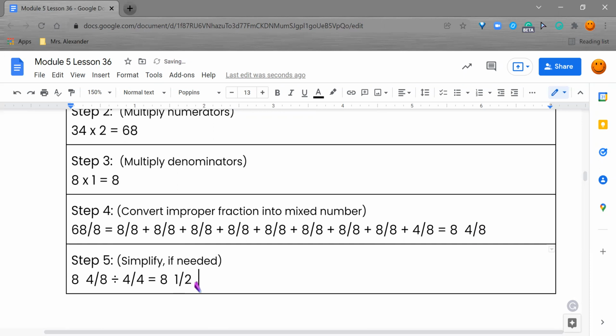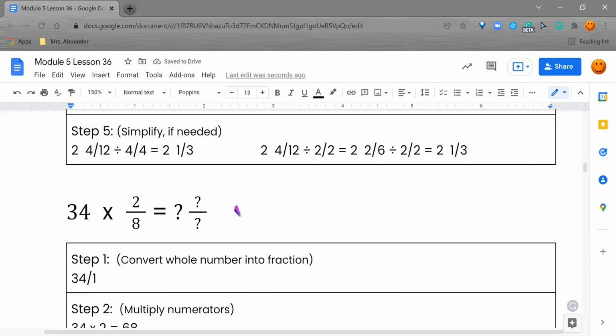If you didn't see that, but you did notice that they were even, you could have done 2 out of 2, which gives 2 fourths, and then you should notice that they're still even. So you'd take out another 2 over 2. Our 8 comes along, and 2 goes into 2 one time, and 2 into 4 goes 2 times. So our answer is 8 and 1/2.